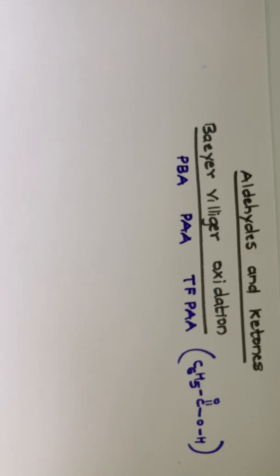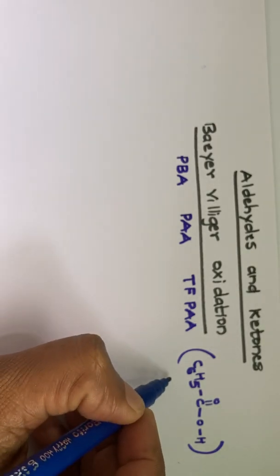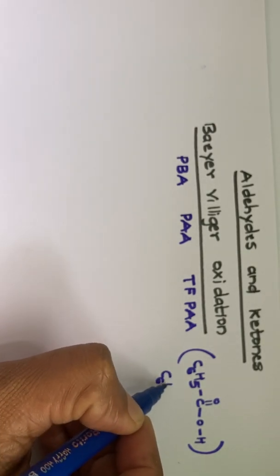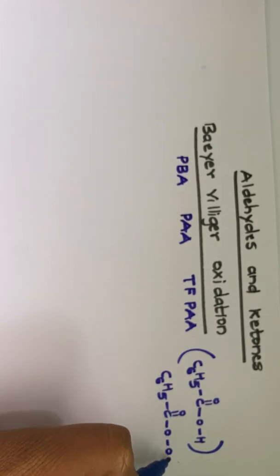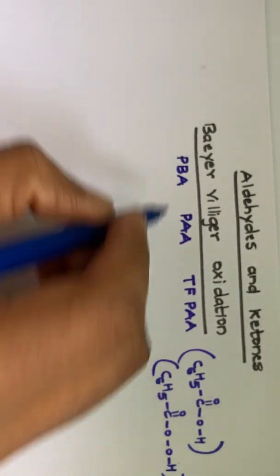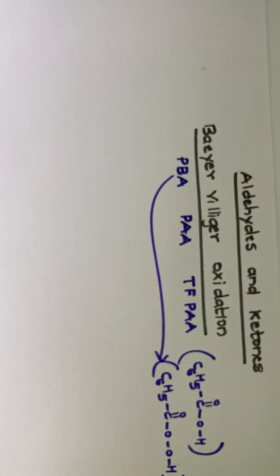So what is the meaning of perbenzoic acid? Perbenzoic acid means there will be one oxygen extra. This is perbenzoic acid. Peracetic acid, hope you can understand what peracetic acid is. Trifluoroperacetic acid. These are the few peroxyacids that are used in this oxidation.